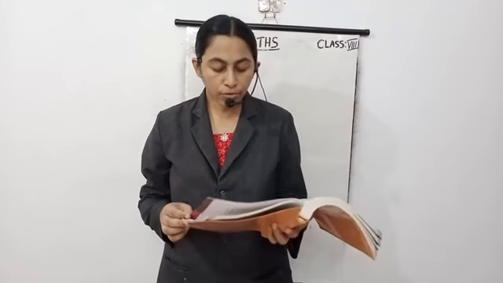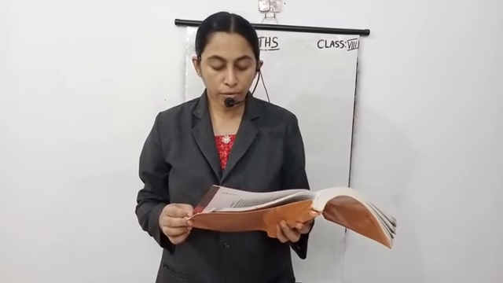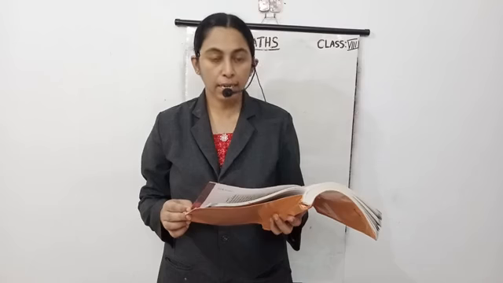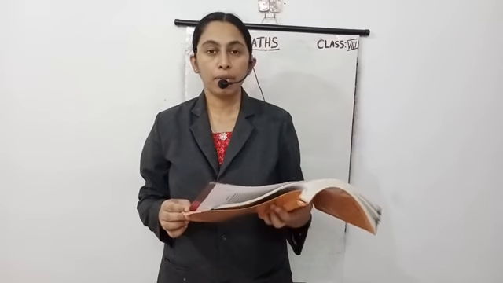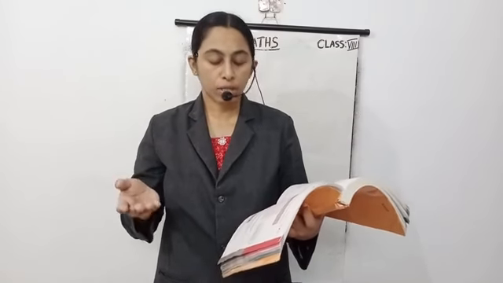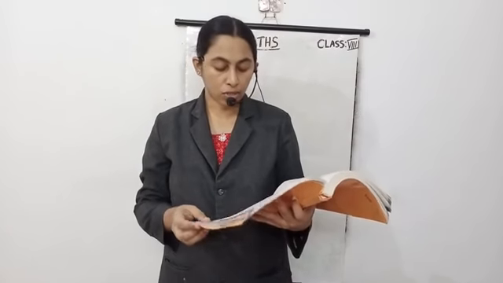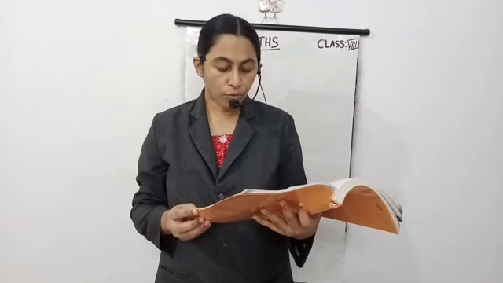When Reenu fell sick, her doctor maintained a record of her body temperature taken every 4 hours. That means time continuously changes over periods, isn't it? Between every 4 hours, the doctor maintained a record of her temperature. It was in the form of a graph.